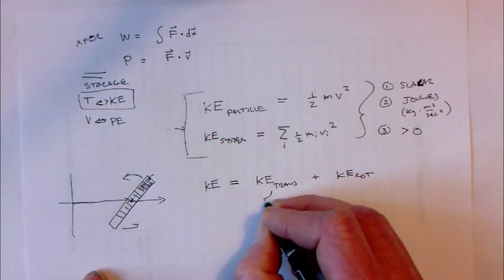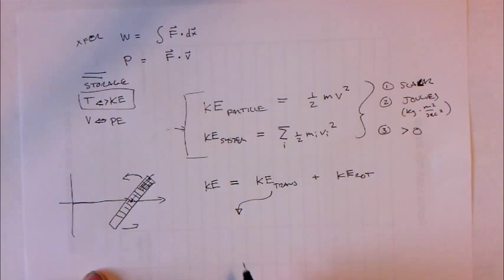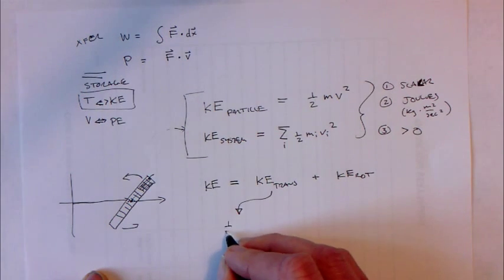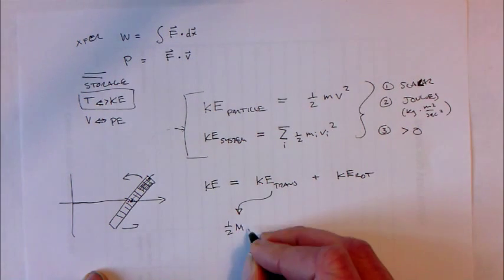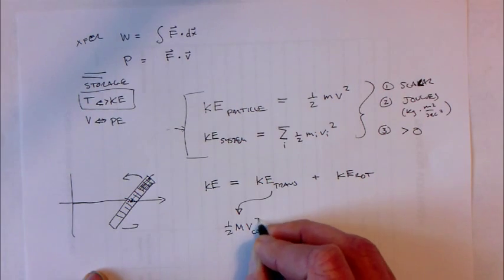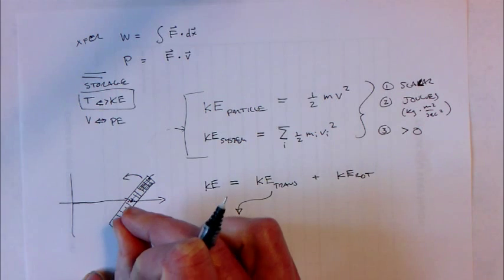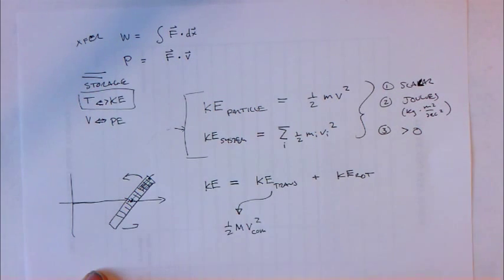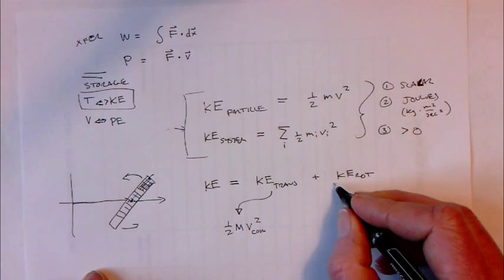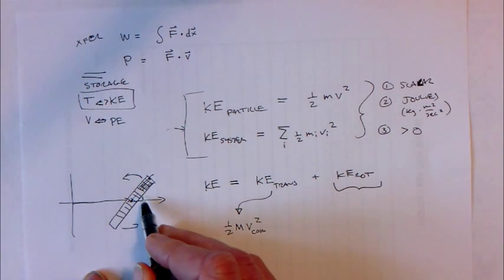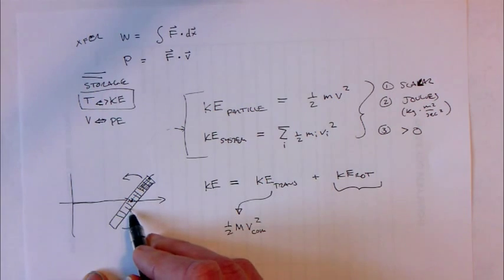This translational component is basically the particle abstraction of this motion. It's 1/2 of the total mass of the system times the velocity of the center of mass squared. If you imagine compressing this whole system to a point mass located at the center of mass, the kinetic energy of that would be 1/2 mv squared. And then there is a component that has to do with the system rotating about its center of mass.